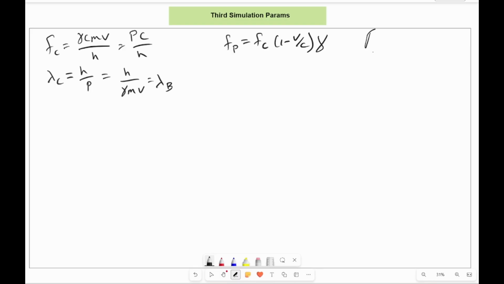If you ever see me use beta, beta is going to be defined by this, pretty standard. The wavelength of the particle is going to be velocity over the frequency of the particle.